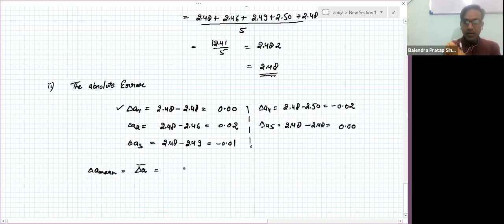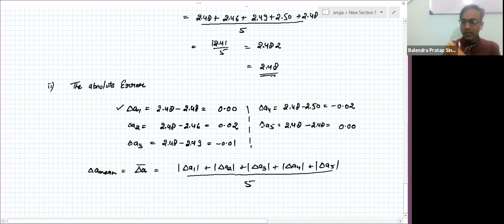We always take the mod of these values: delta A1 plus delta A2 plus delta A3 plus delta A4 plus delta A5 divided by 5.